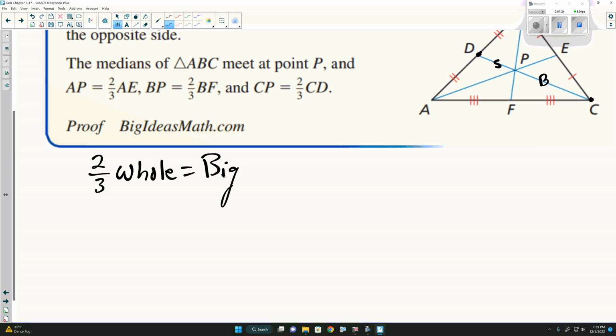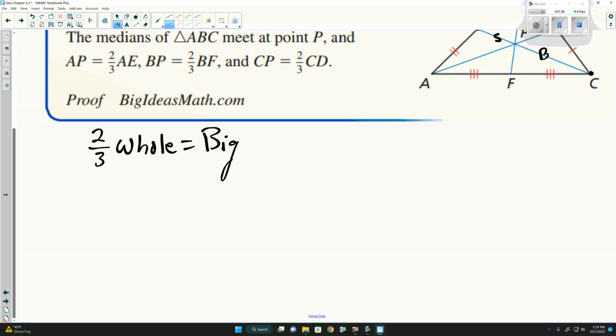Also, we could say that 1/3 of the whole length is equal to the small segment, from the side to the centroid. Because if the bigger segment is 2/3 of the whole, the small has to be 1/3 because they're going to add together. Questions on this so far?